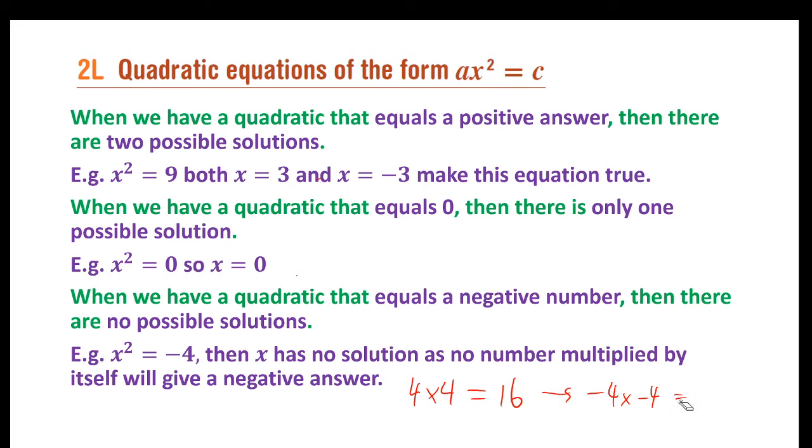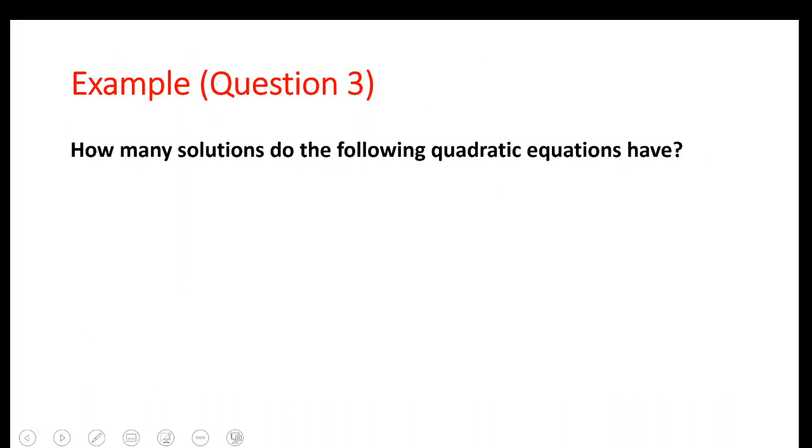Now the only way to get a negative answer when you multiply is to do a positive and a negative. But a positive and a negative number aren't the same. They're actually different. So I can't get an answer that is negative. So 4 and negative 4 are two different numbers. Okay, 4 degrees is different to negative 4 degrees. But there is no solution to a quadratic when it's a negative answer.